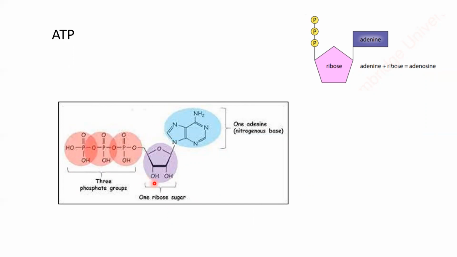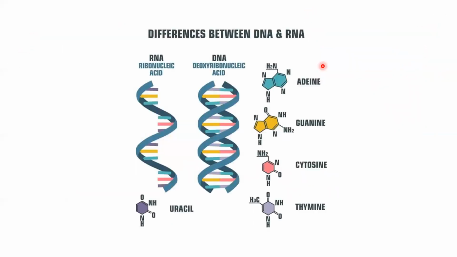Now, the specific thing about ATP is it's called adenosine triphosphate, and the name gives it away. This ribose sugar combined with adenine is called adenosine. Look at this here. And then triphosphate. Similarly, if this ribose sugar is combined with a guanine, it's called guanosine.